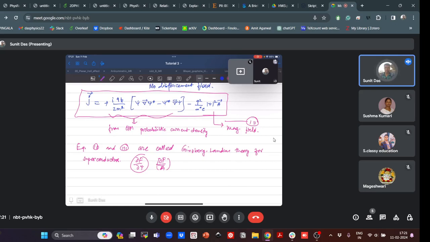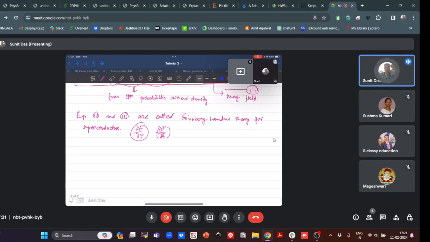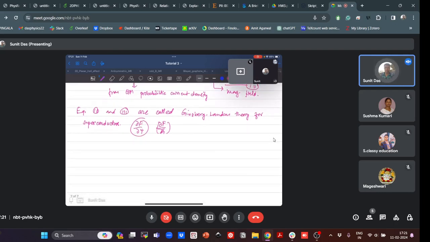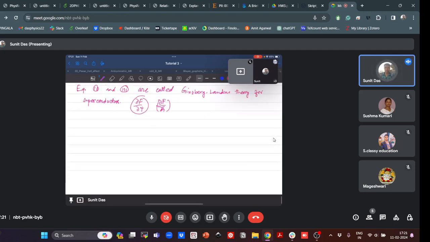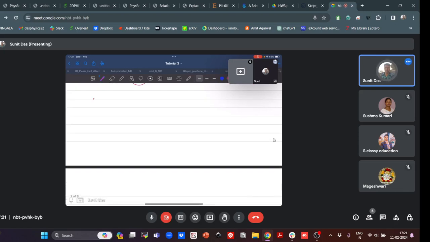So now let's see how it can produce the London equation and the corresponding consequences that we can get from the Landau-Ginzburg equation, right? If you remember, when we derived the London equation purely from electromagnetic theory, we did not consider psi 0 and then some delta psi, which we can call psi of r as a function of r.